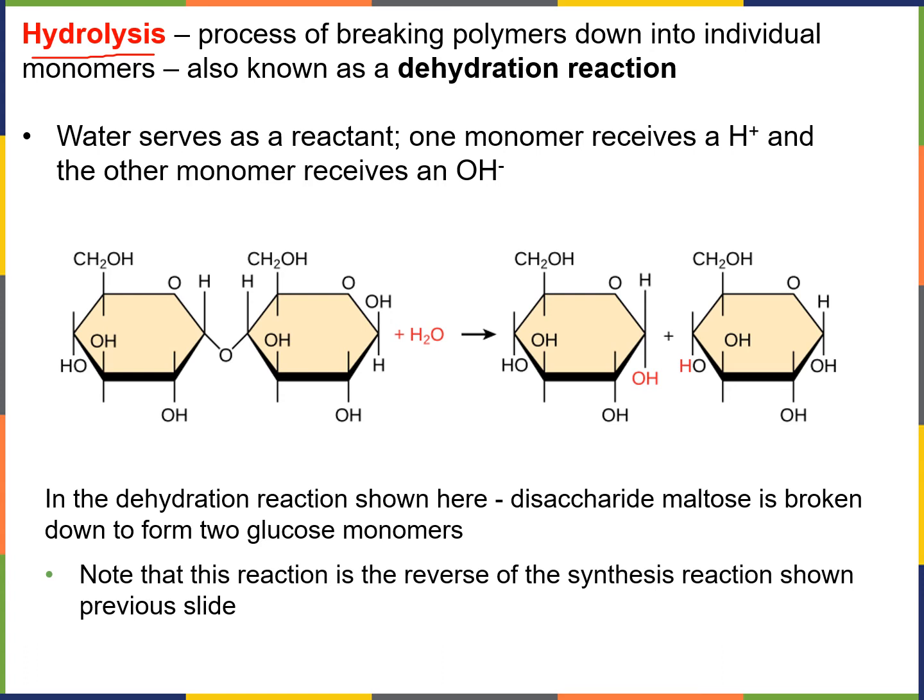So what you do is you add the water back. An enzyme will break this bond. H2O, hydrogen and a hydroxyl. The hydroxyl goes back, and so does the hydrogen.